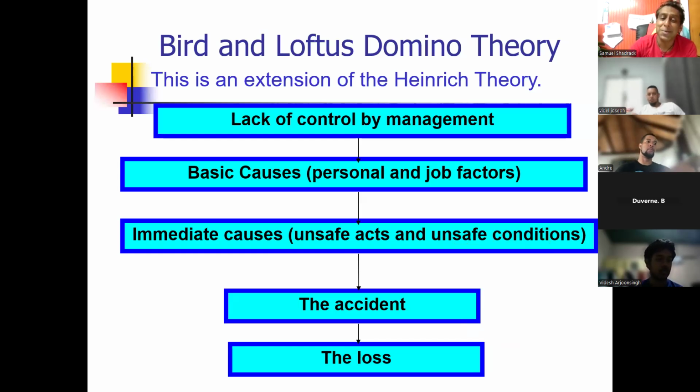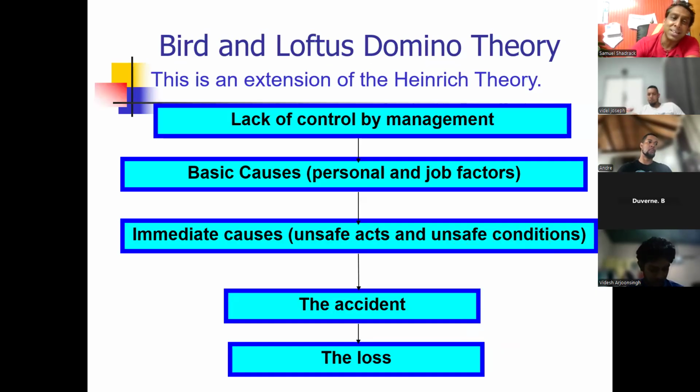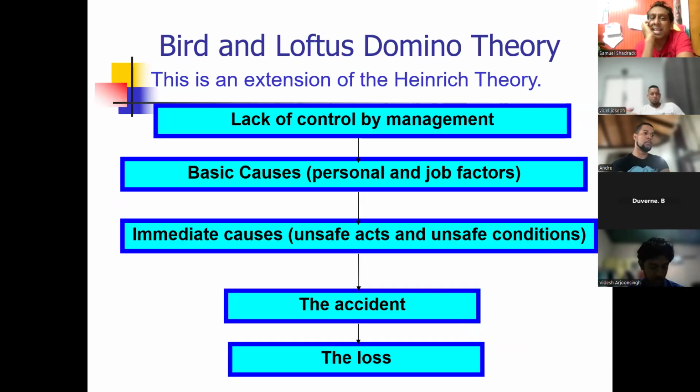Well, first of all, that's not your question, but I'll tell you, right? What's different with the multiple causation theory and this one? Does anybody want to guess the multiple causation theory? Like this, right? Even this is good, but this is not all good. What if it was not the manager's fault?